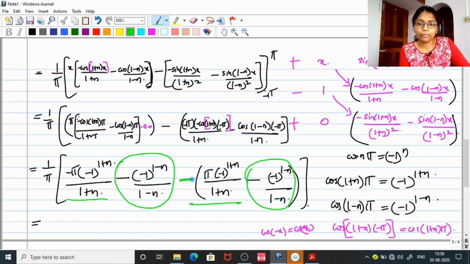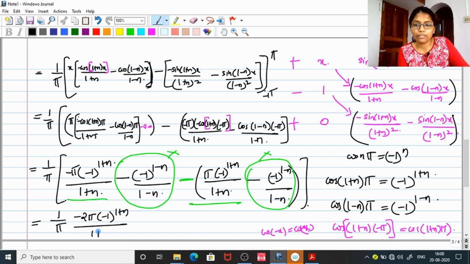Also there is a big minus here, so this term gets cancelled off. Thus our answer will be reducing to 1 by pi, and this term is repeating, right? It is repeating. Minus pi times negative 1 raised to 1 plus n, minus pi times negative 1 raised to 1 plus n. So two terms are repeating with a negative sign in between. So it is minus 2 pi times negative 1 raised to 1 plus n by 1 plus n. Okay.